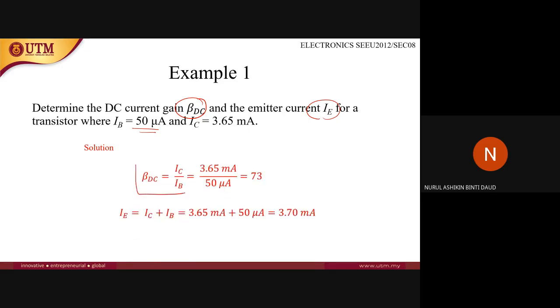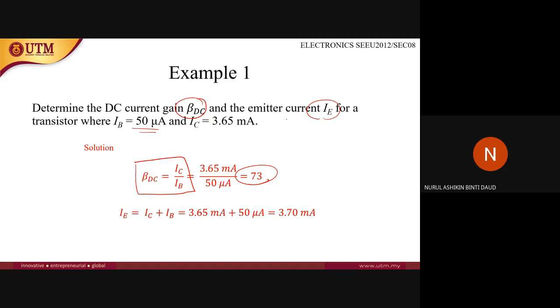Since we know beta DC is equal to IC over IB, 3.65 milliampere divided by 50 microampere, you will get 73 without any units. So this is the value for beta DC.